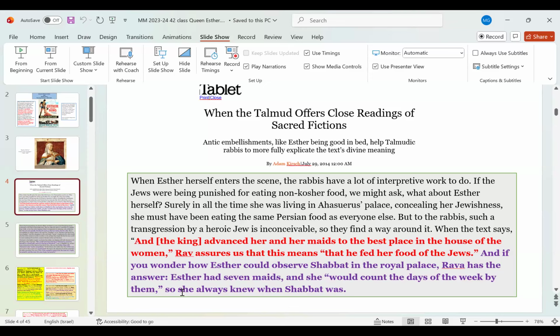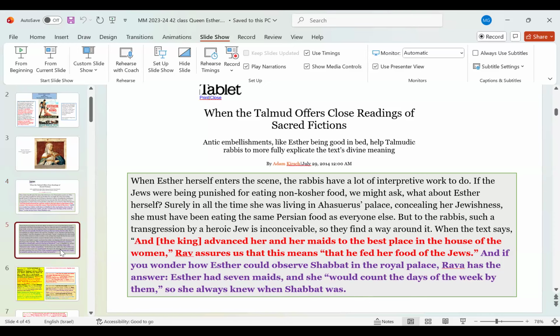This is all rabbinic. If you wonder how Esther could observe Shabbat in the royal palace, Rava has the answer. Esther had 7 maids, and she would count the days of the week by them. So she always knew when Shabbat was. Isn't that cool? If you don't have a calendar, that's not so unusual.